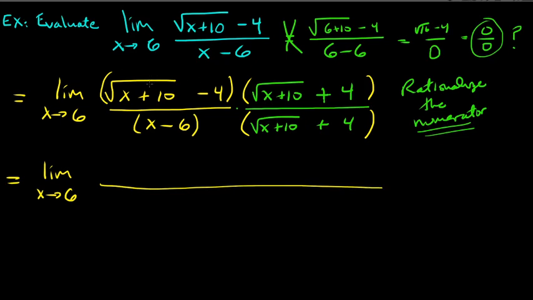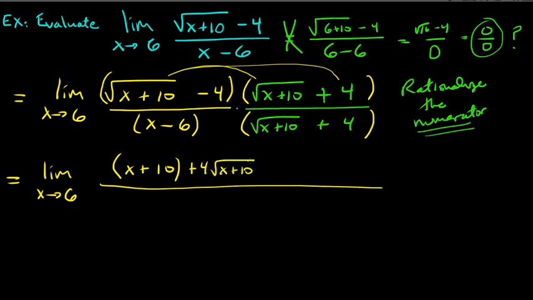Okay, so let's multiply this out, right? We're just going to use FOIL here. The square root of x plus 10 times the square root of x plus 10 is just x plus 10, right? The square roots cancel. And then for the outside, we're going to get plus 4 times the square root of x plus 10. And then the inside, we're going to get negative 4 times the square root of x plus 10.